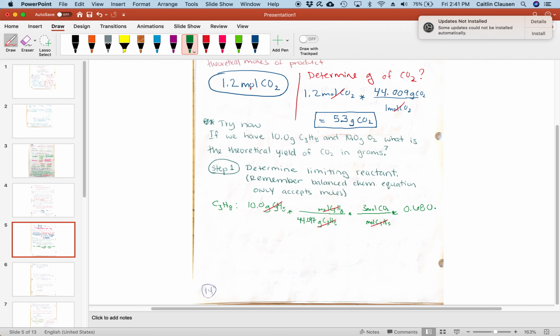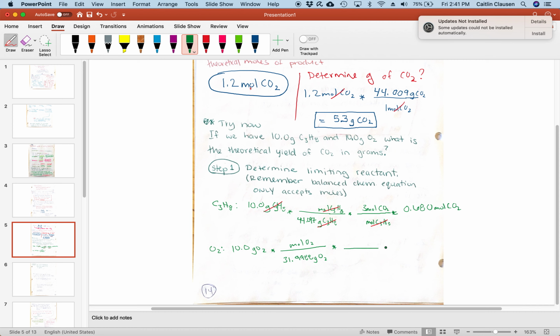I should have 3 sig figs. Moles of CO2. For O2, if I start with 10 grams of O2, times the molar mass of O2, so that's 31.9988 grams of O2 for every mole of O2.